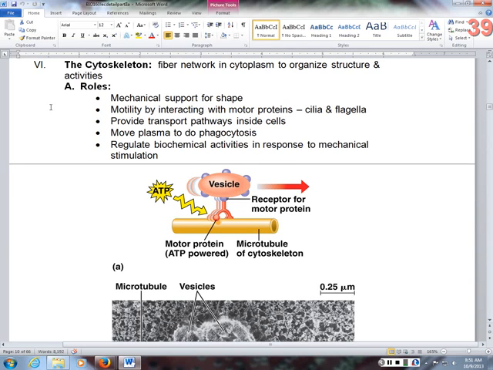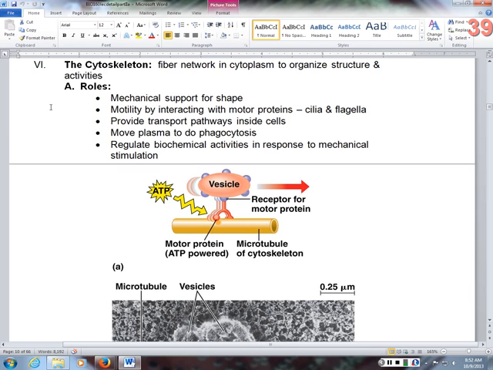They're actually held in a specific shape like that. It can interact with other motor proteins to give motility, so it will interact with your cilia and flagella. It provides transport pathways inside the cell, so if you get rid of something, you don't just say randomly, I'm rolling it over there. You put it on the pathway and it acts kind of like train tracks to haul things out.